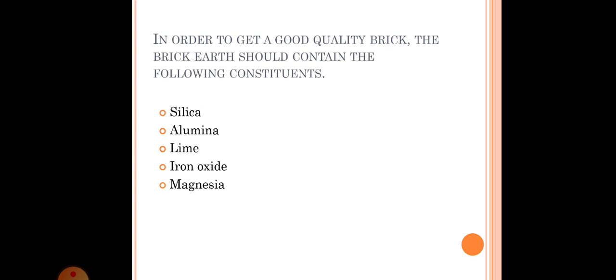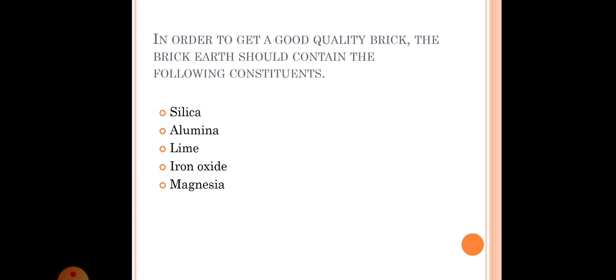The percentage of lime that should be present in brick earth should be in the range of 5 to 10%. The main purpose of lime is that it prevents the shrinkage of the bricks during the process of drying.